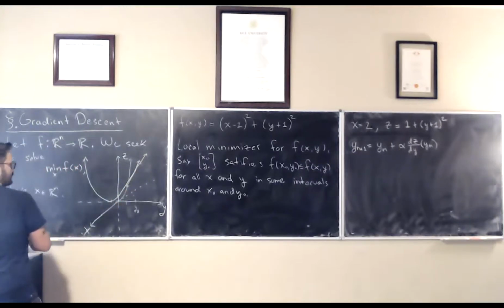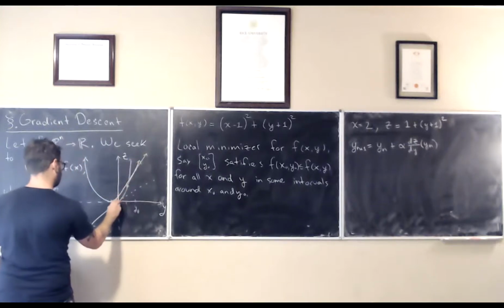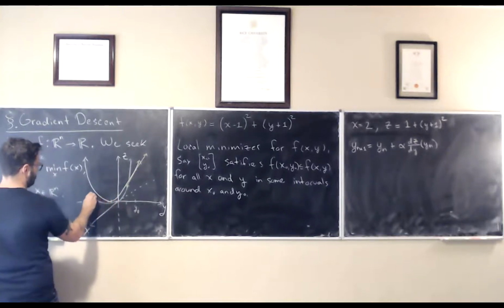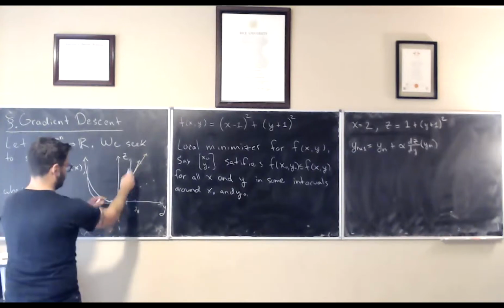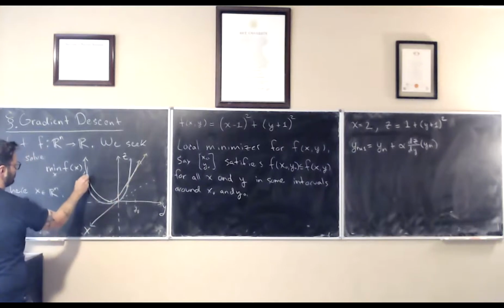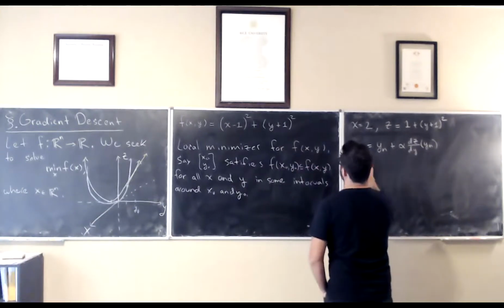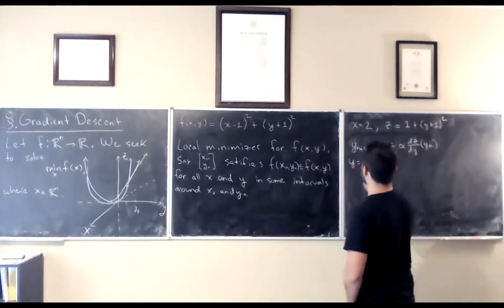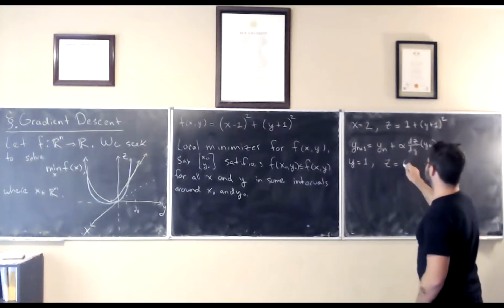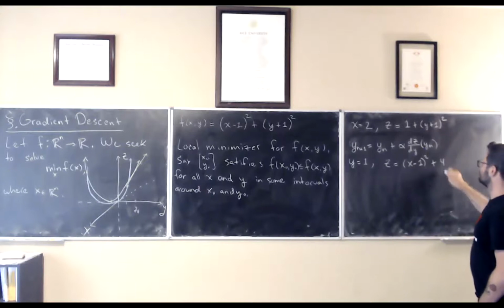So this is for the variable x now. That's when y can be fixed at, say, plus 1, and then z would be equal to x minus 1 squared plus 2 plus 4.